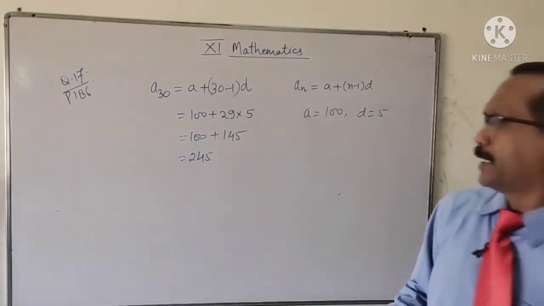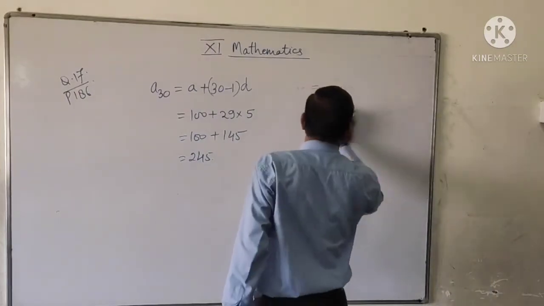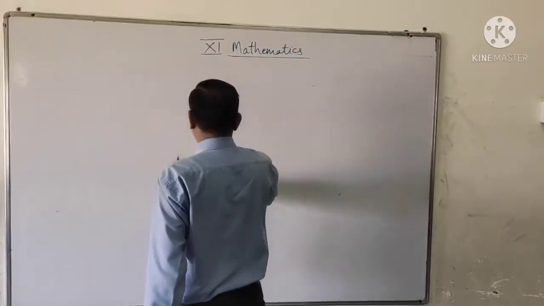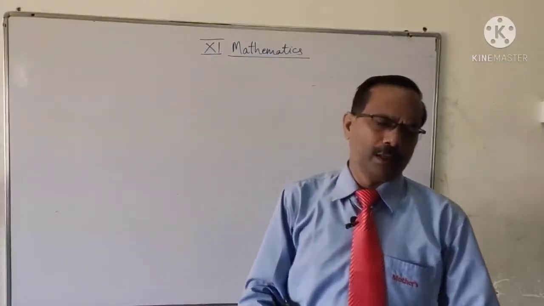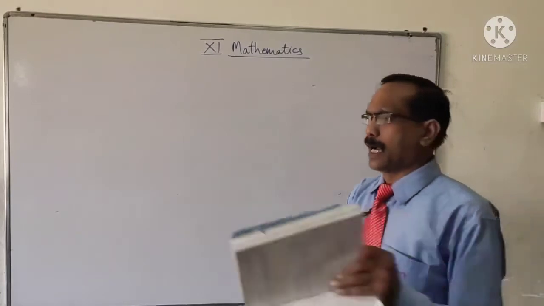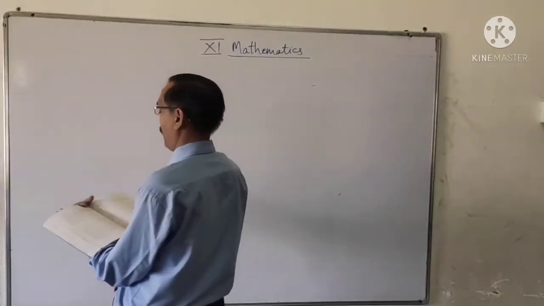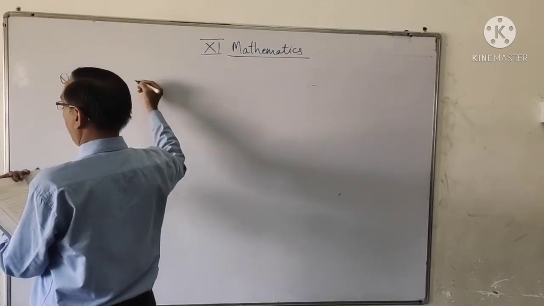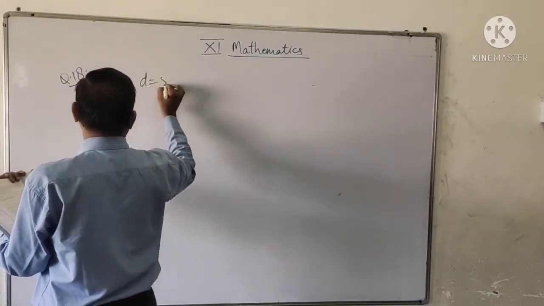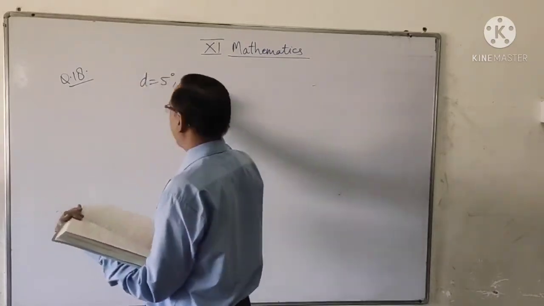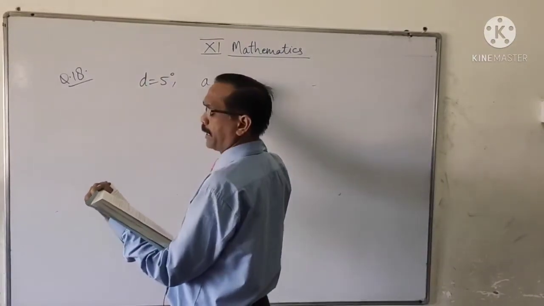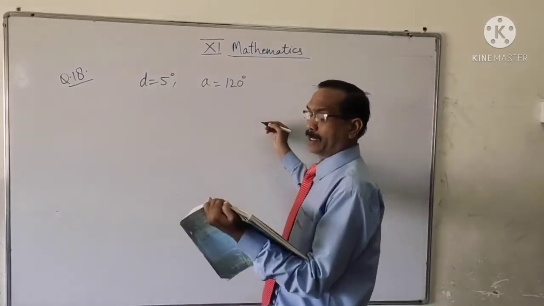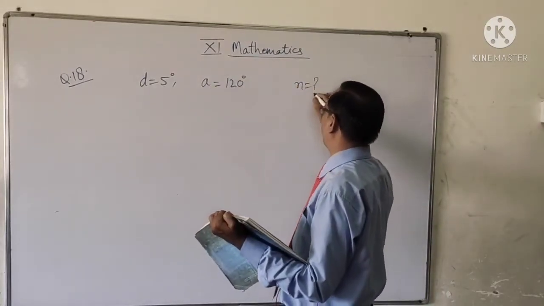So students, see, the given things are D equal to 5 degrees. The smallest angle means A, the first angle, is 120 degrees. You have to find the number of sides in the polygon.